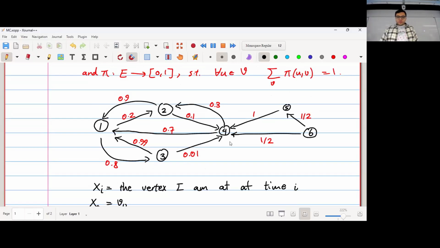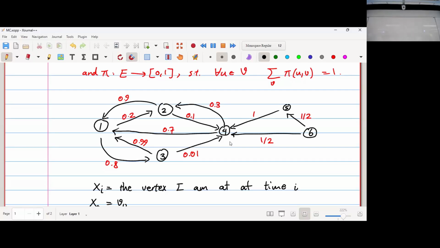Okay. But now, suppose that I ask you something else. If I start at 1, what is the probability that I end up at 4? What is the probability that my path sees 4 at least once? This is called the reachability probability. So what is the probability that I reach 4 if I start at 1? And now you see that suddenly things are much more complicated, because there are many ways I can reach 4.